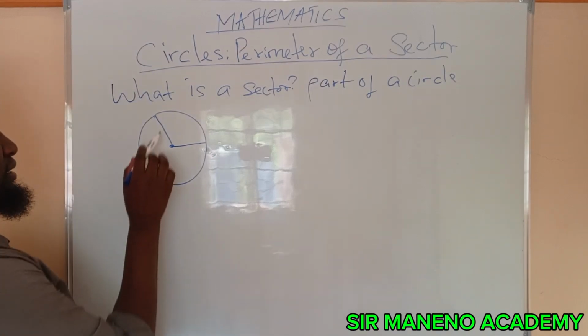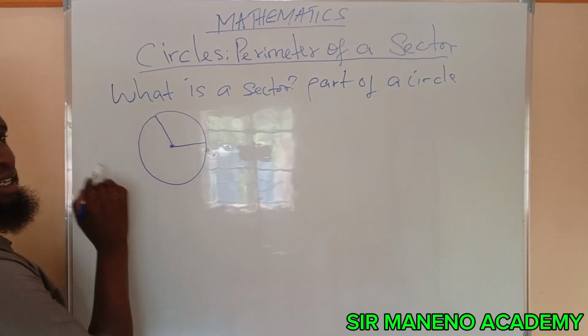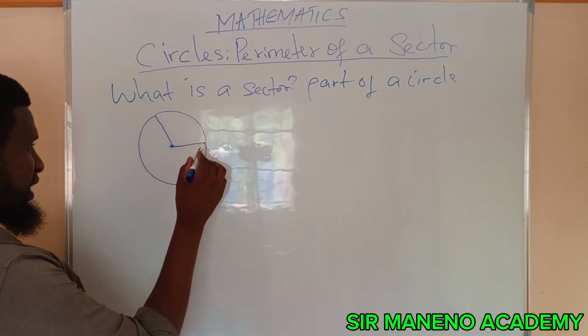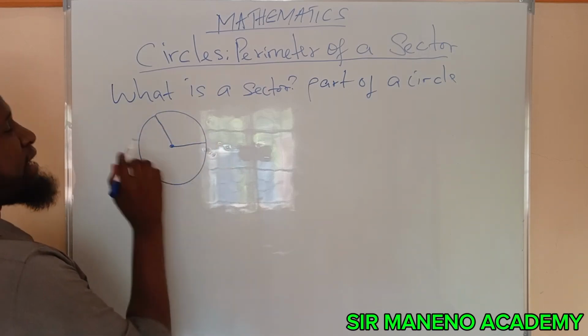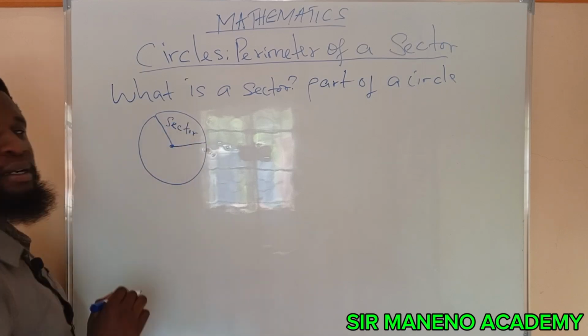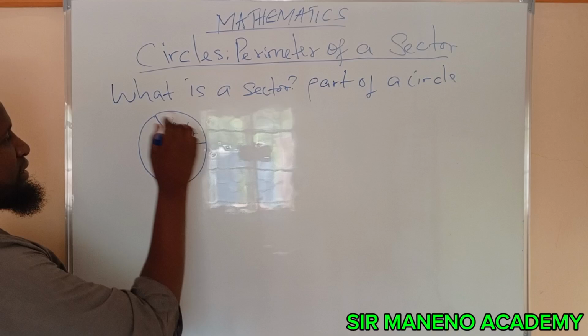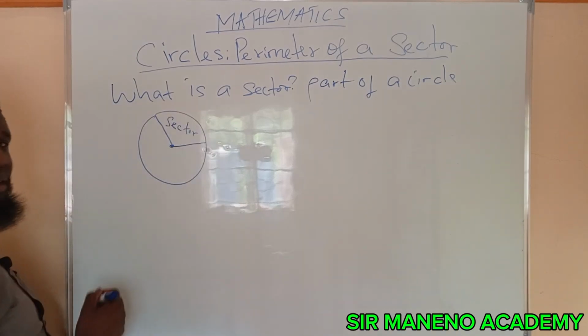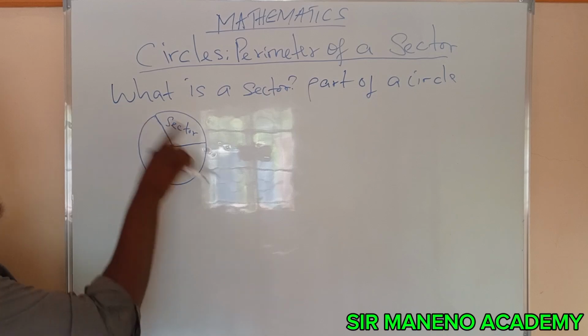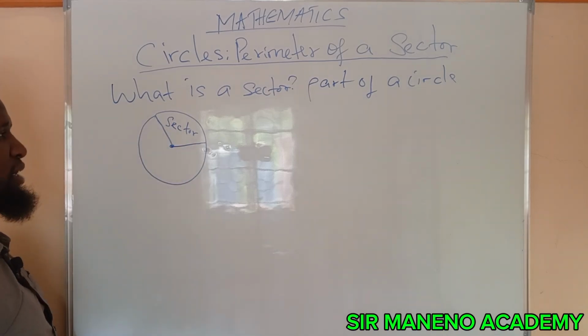These are radii, and this is an arc. This arc and the two radii make a sector, and this sector is part of the whole circle. That is what we mean by sector.